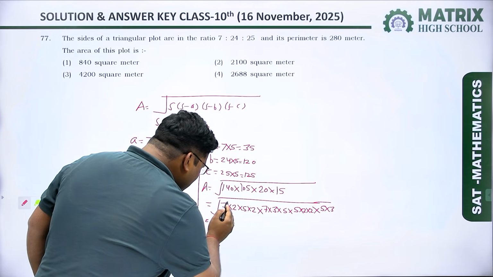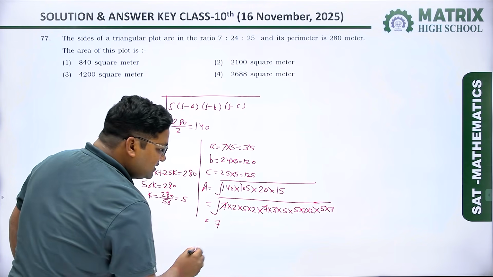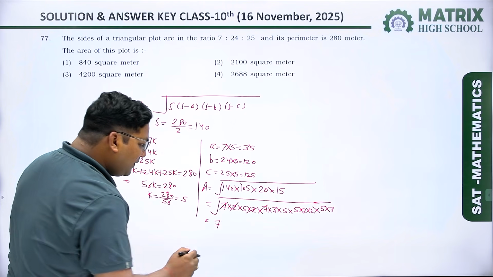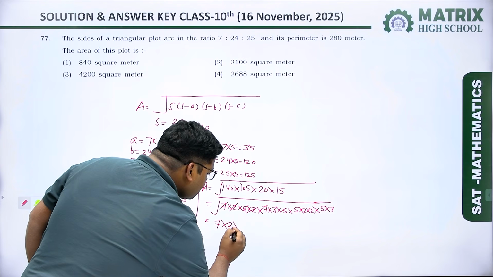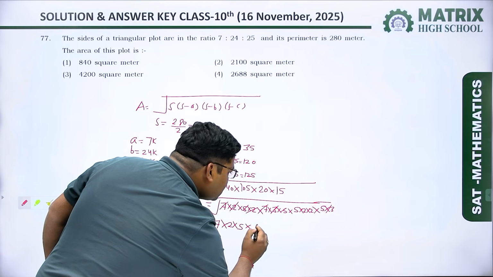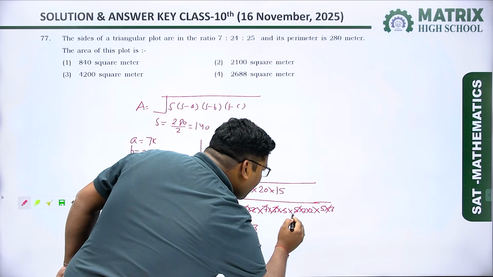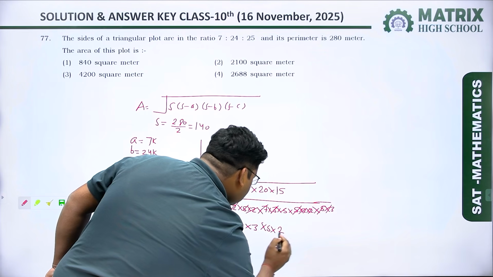So here you can see 7 and 7 is one pair, so the square root of this number is 7. Similarly, 2 and 2 are another pair, so the square root is 2. Similarly, 5 and 5, so this number is 5. Similarly, 3 and 3, so this number is 3. Similarly, 5 and 5, so this number is 5. And last is 2 and 2, so this number is 2.